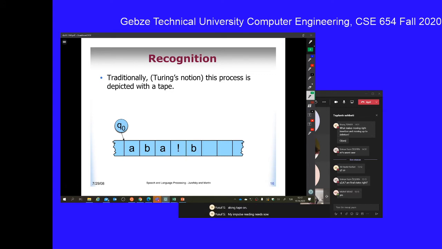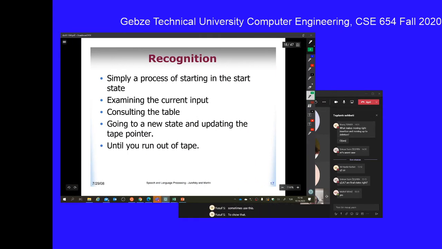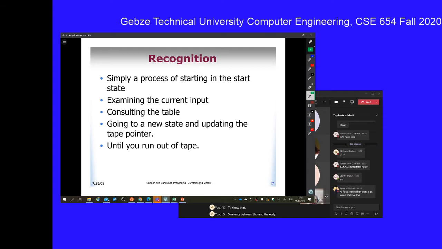When I start from Q0, the input is A, I go to Q1, and now my input is B. Then I go to the next state, and so on. So this tape approach was there from the beginning, and people sometimes use it to show the similarity between this and the early proofs of computer science.